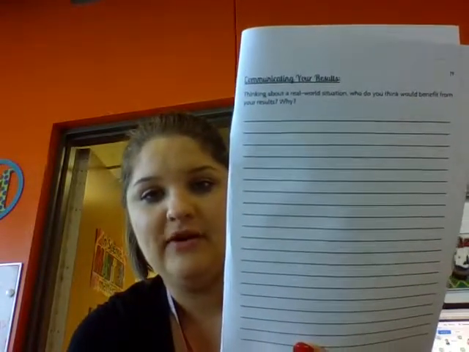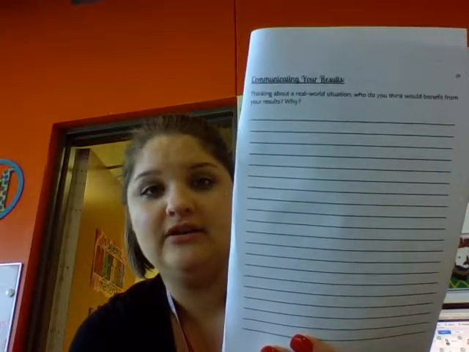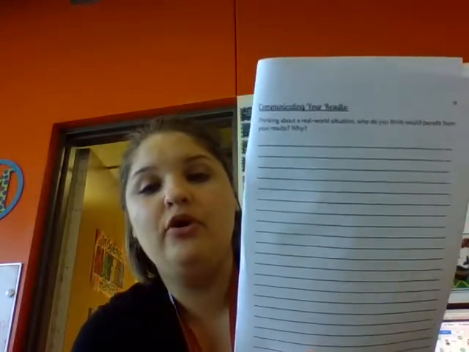And then I would also direct them to our Let's Talk Science board, which is all of the vocabulary that we've been talking about throughout the unit, so that when they are answering their questions in their booklet, they can use those words appropriately. For the practice part of this lesson, students have page 19, which asks them, thinking about a real world situation, how can their project be put into the real world?